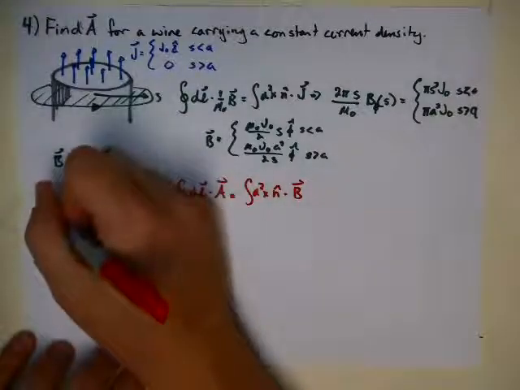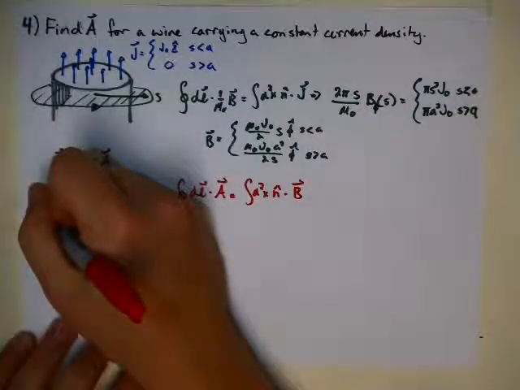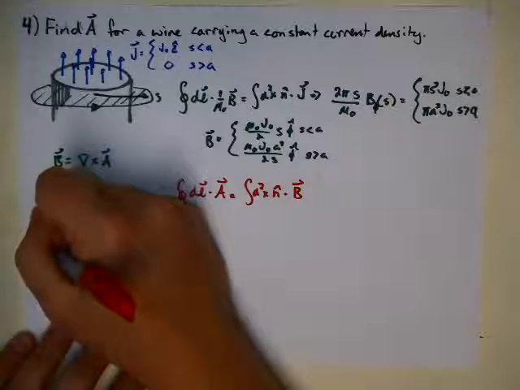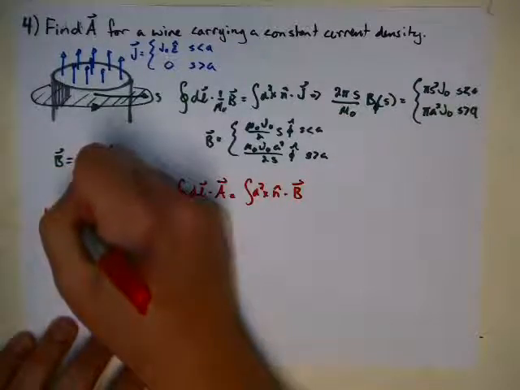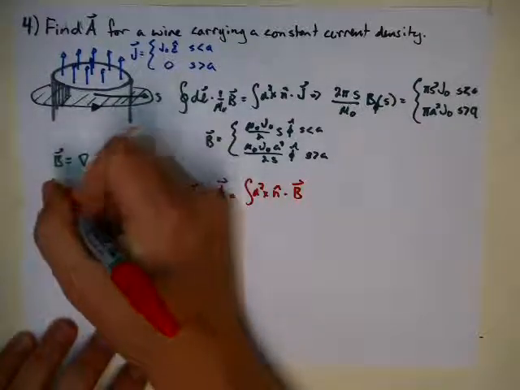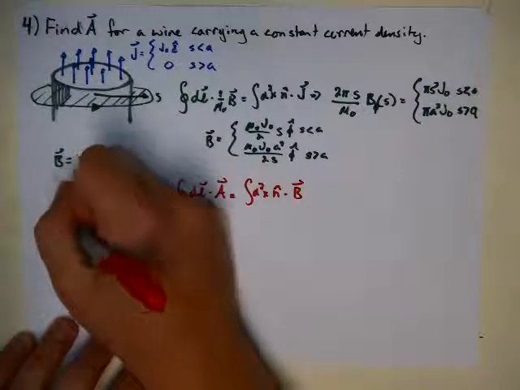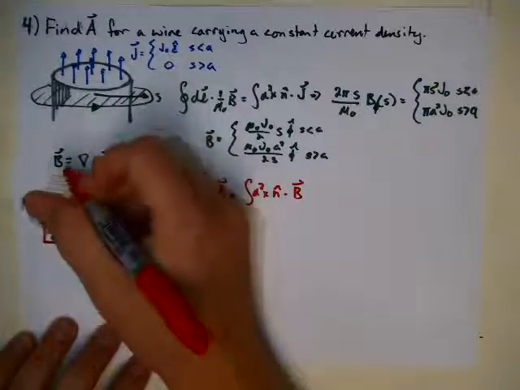The loop that I'm going to want to draw looks like this, and it's going to be pierced through by the magnetic field at these points here.